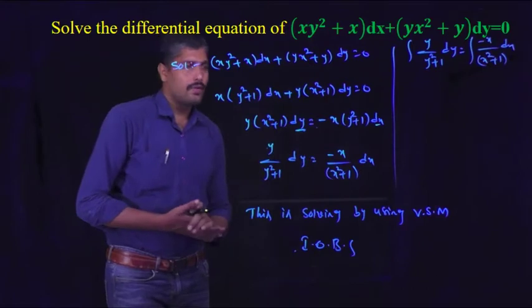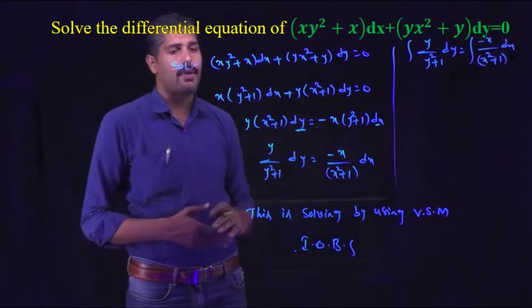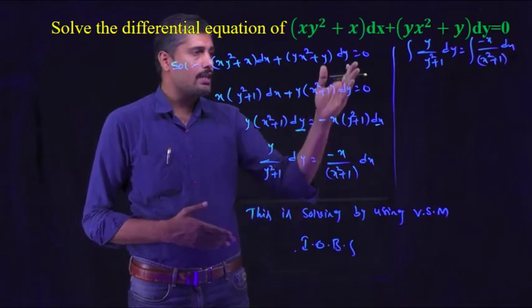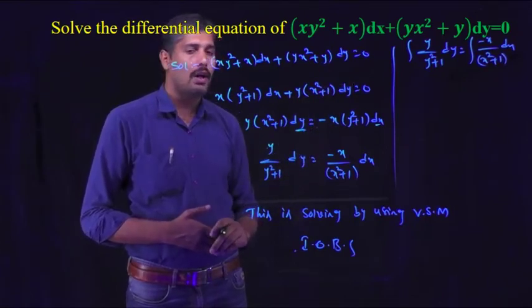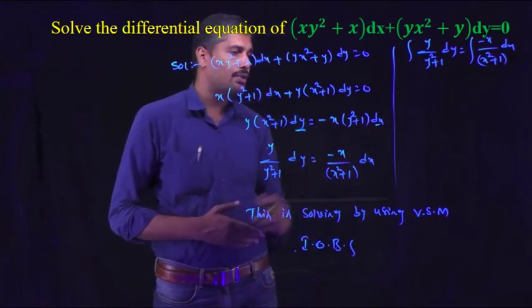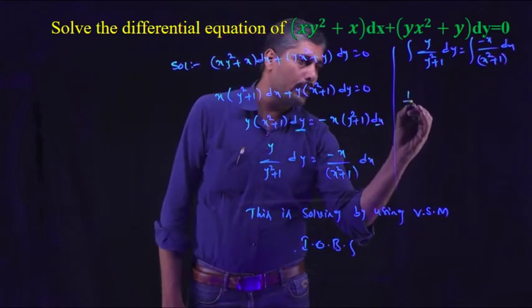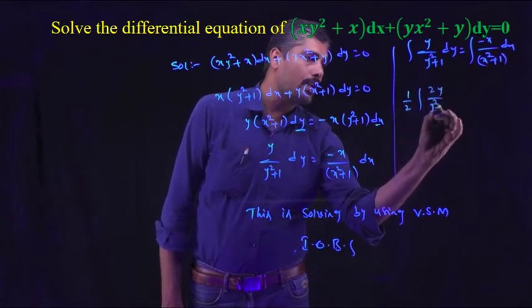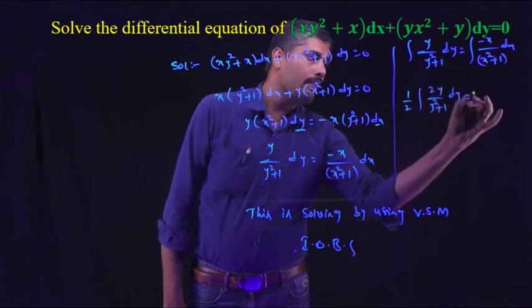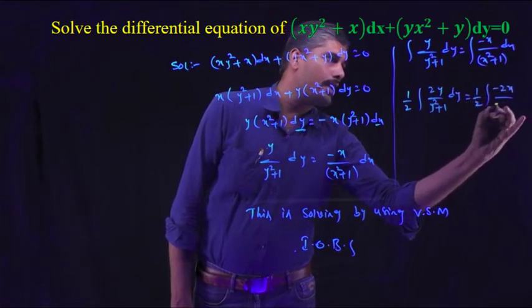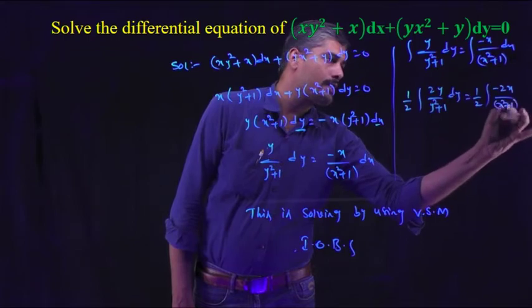We know one formula, f'(x) by f(x) integrates to log of f(x). That's why multiplying and dividing by 2 on both sides, then we take 1/2 into integral 2y by (y² + 1) dy equal to 1/2 into integral minus 2x by (x² + 1) dx.